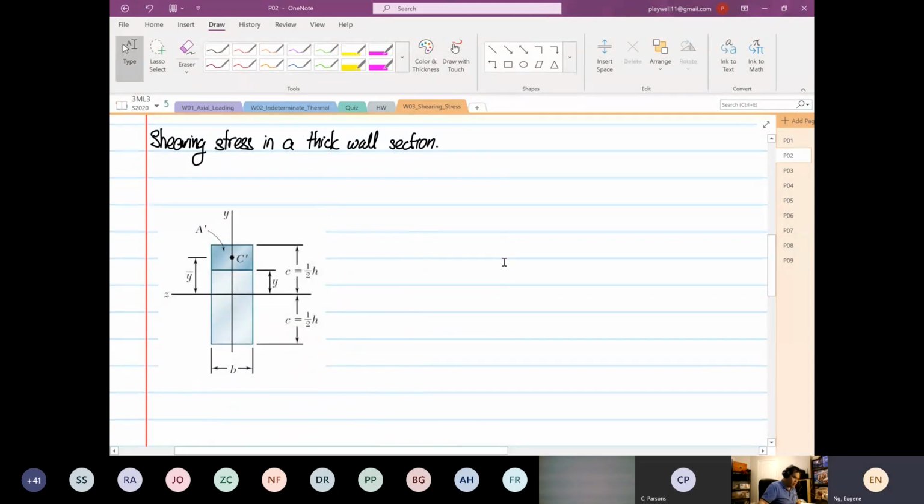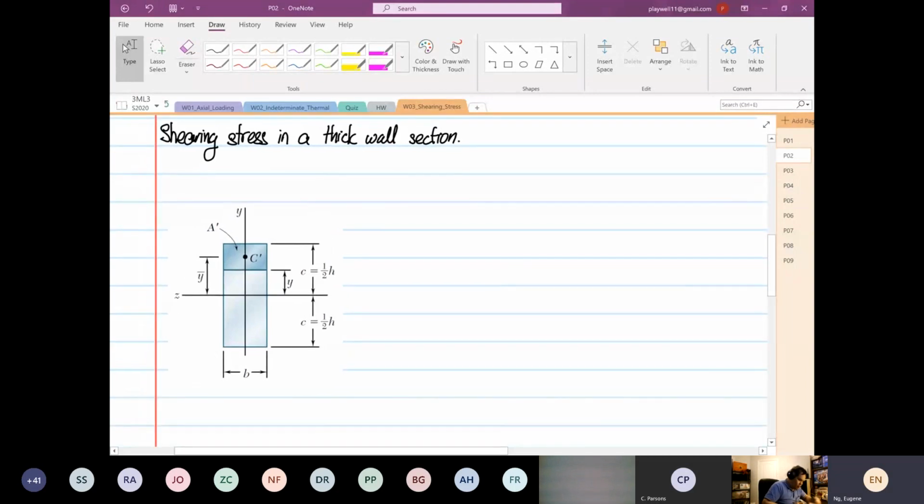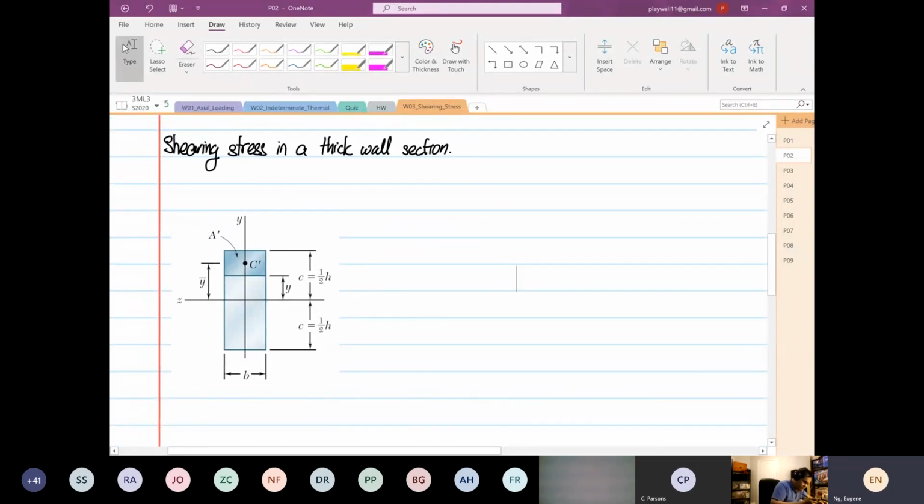So this diagram over here. So our transformation. Okay, so if we were to draw a transformation, I'm going to follow the transformation. There's a diagram. This is your y-axis, and this is your z-axis. So we're going to look at the shearing force.